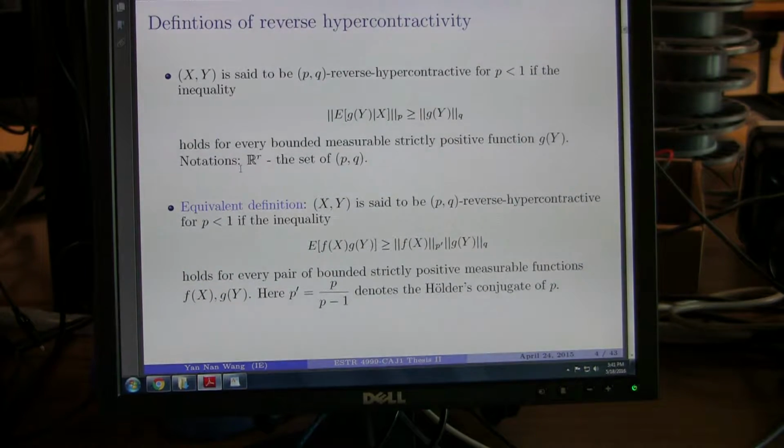This notation denotes the set of (p, q) satisfying this definition, and is also the so-called reverse hypercontractive region for X and Y. Again, here is a similar equivalent definition. (X, Y) is said to be (p, q) reverse hypercontractive if this inequality holds for every pair of functions f(x) and g(y), and here p prime denotes the Hölder conjugate of p.